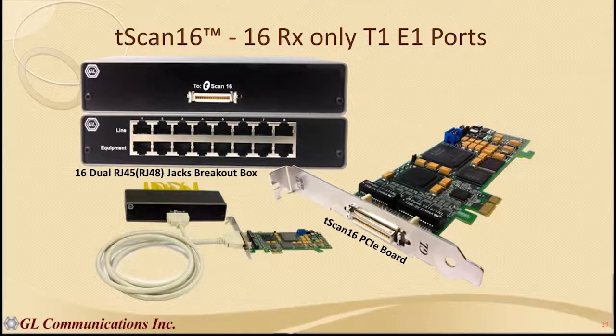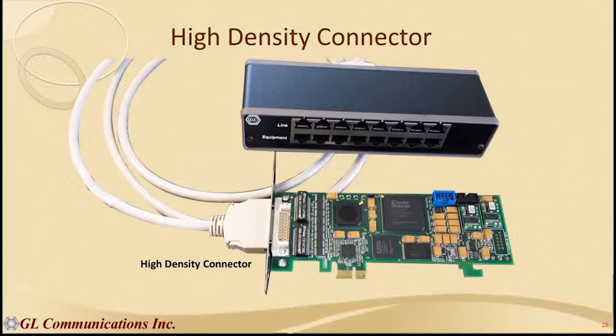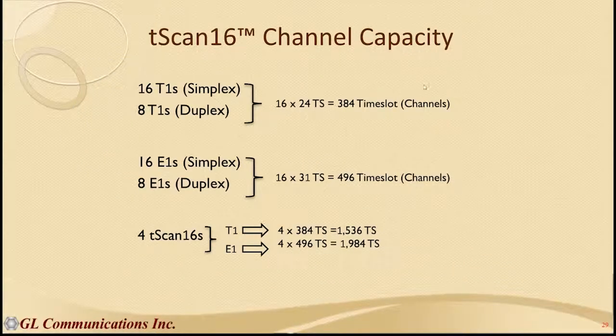So if we go to the next slide, it's just another way of looking at it. And here is the advantage of using our T-Scan 16. You can be monitoring 16 T1s or 16 E1s, or the same thing as 8 T1s duplex. Each T1 has an east and a west direction.